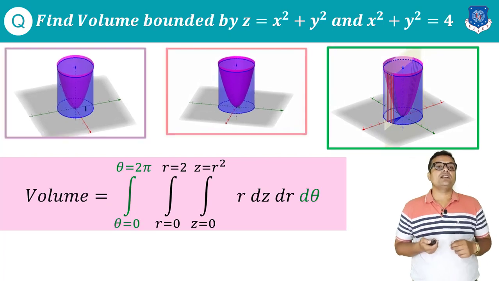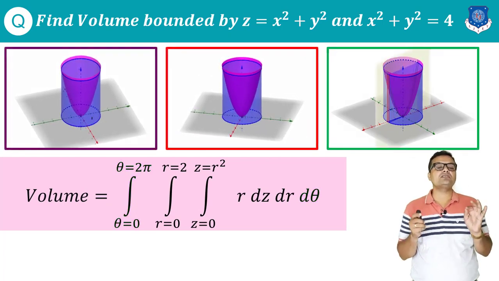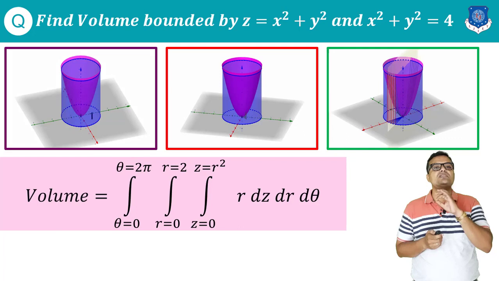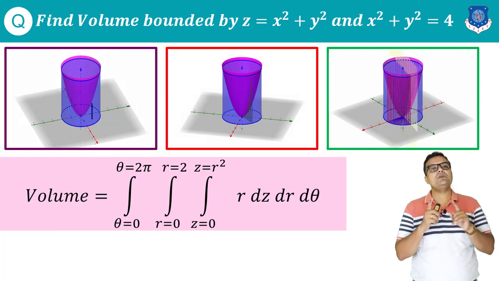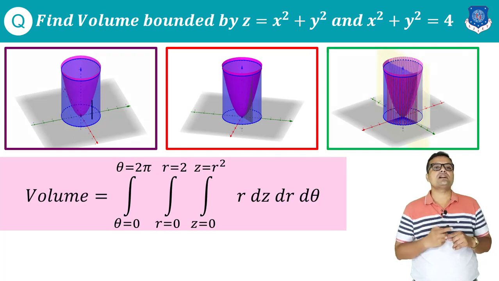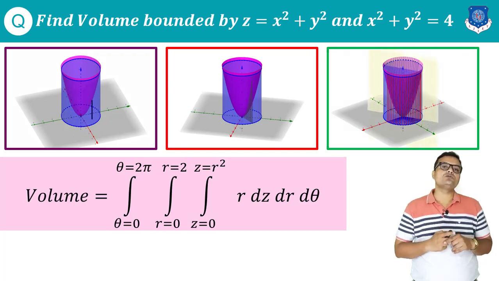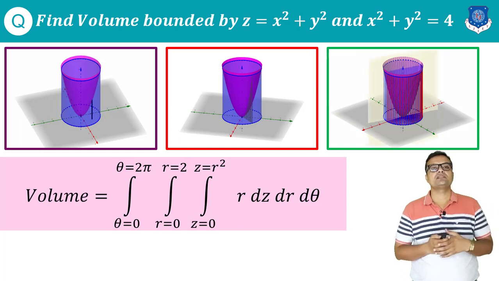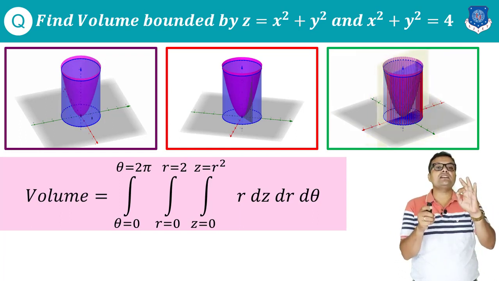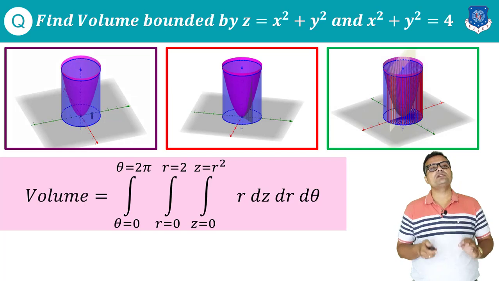And therefore, if I consider these three visuals to construct the limits of cylindrical coordinates, my limits would be z from 0 to r square, r from 0 to 2, and theta from 0 to 2 pi to construct this object. I hope all of you understand this construction of limits through these three diagrams.